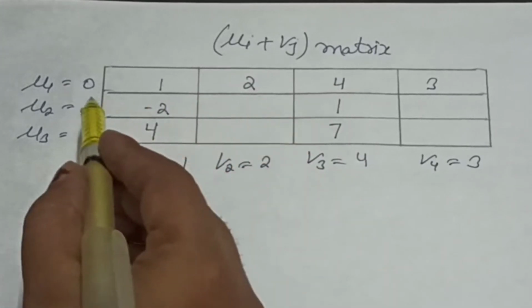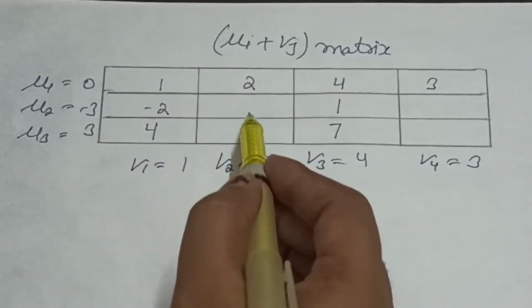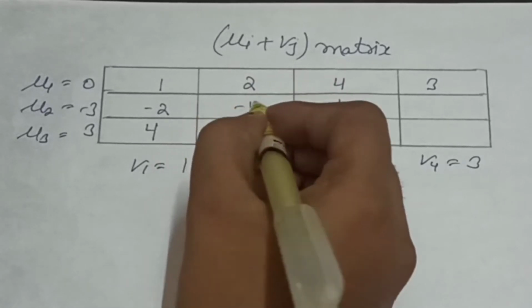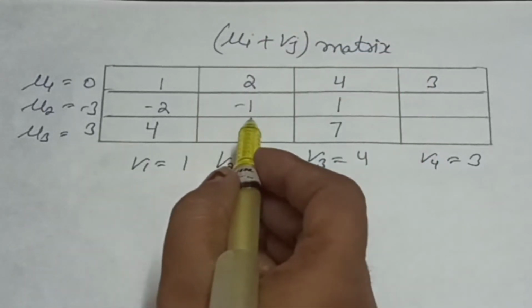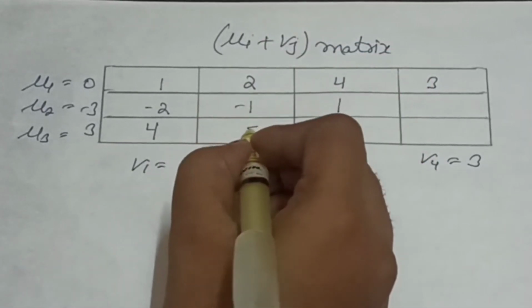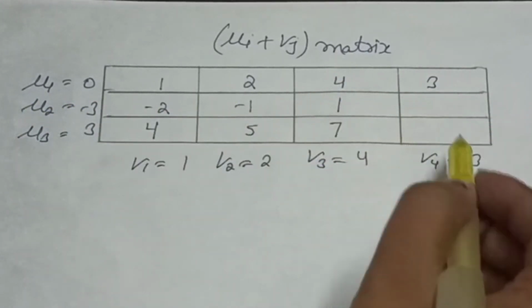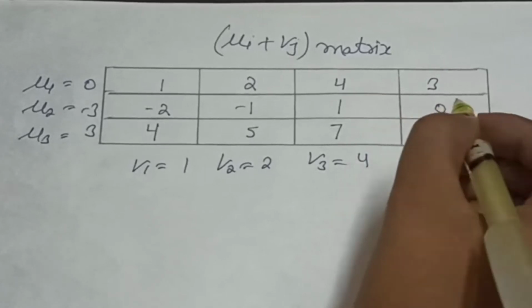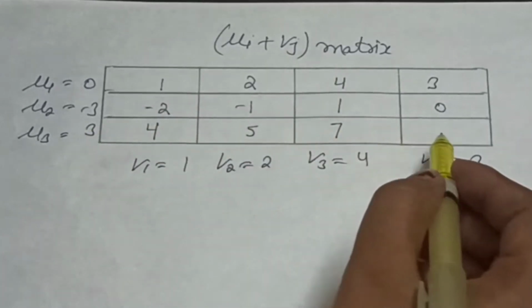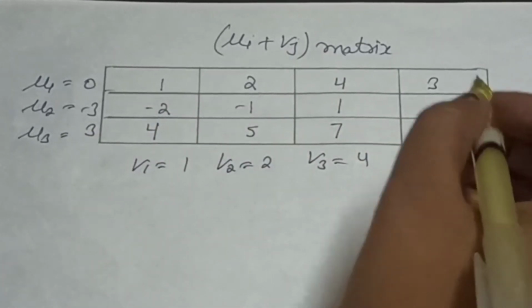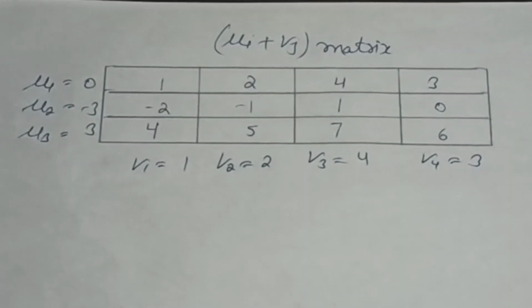And here minus 3 plus 2 is equal to minus 1. 3 plus 2 is equal to 5. And here we write minus 3 plus 3 is equal to 0. 3 plus 3 is equal to 6. So students, you can see this is our ui plus vj matrix.